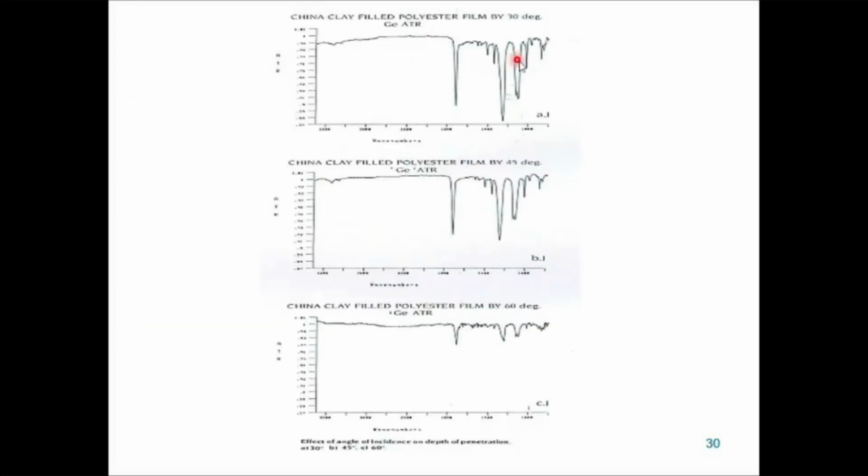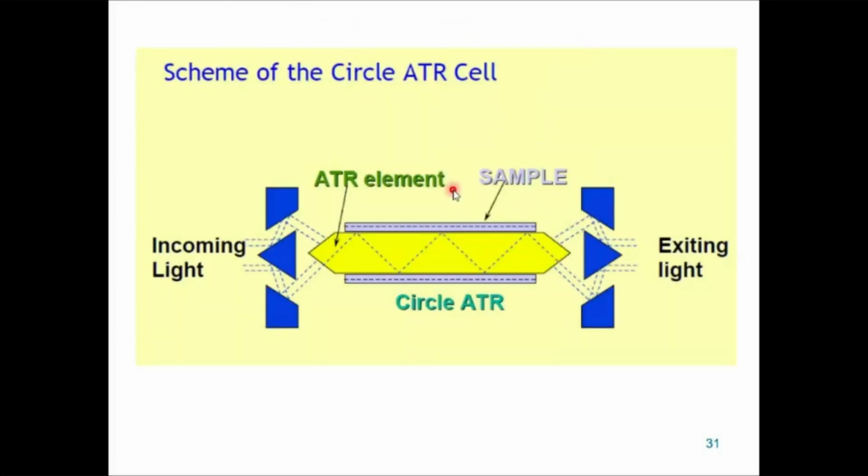Here it is 30 degrees, here it is 45 degrees, and here it is 60 degrees. As you will see, as the angle is increasing, the intensity of the peak is getting decreased. There is another way of representing the ATR cell.